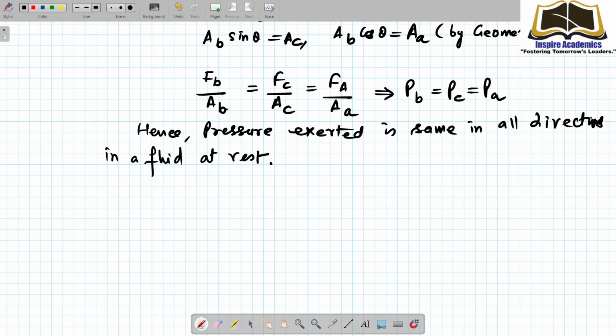And this is called as Pascal's law, or known as Pascal's law.